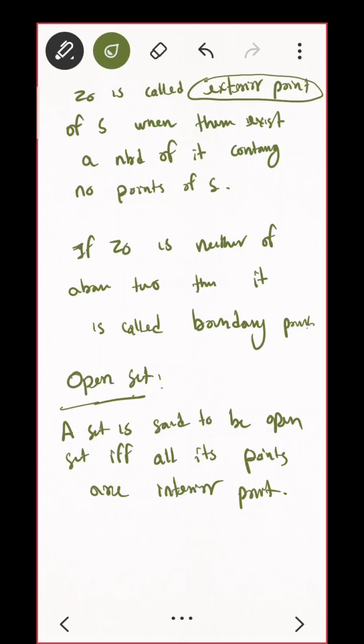A set is said to be closed set if it has all its interior points along with boundary points. Interior points should be there, boundary points should be there. Then you will say that set is closed set. Correct. If boundary points are included then it is a closed set.